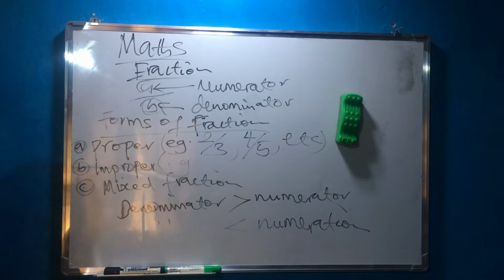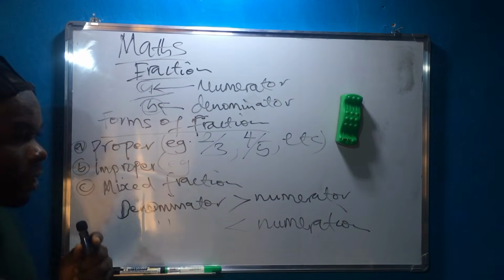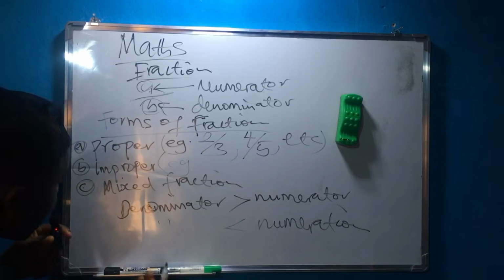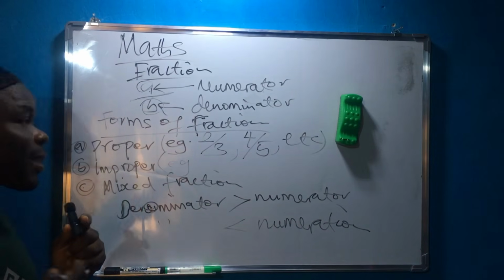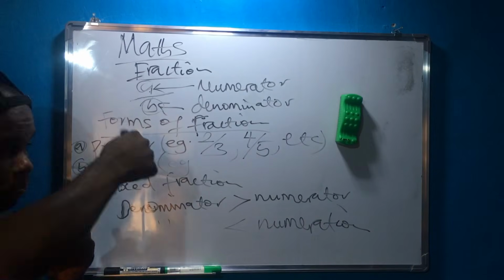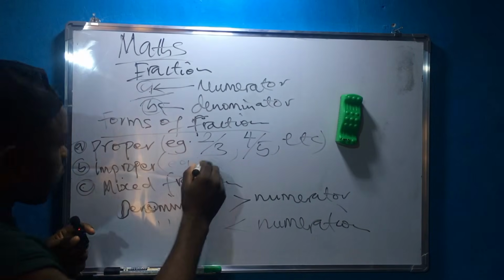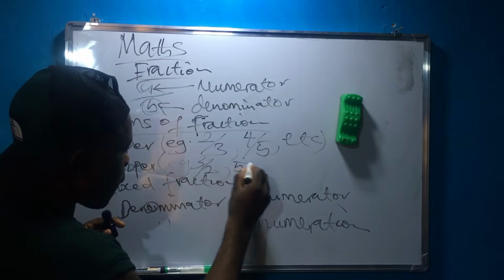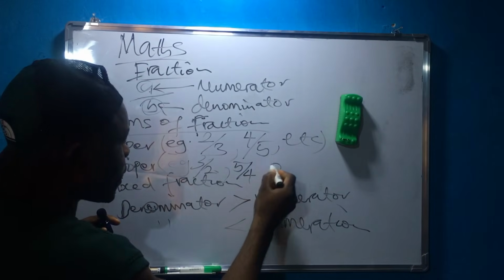Improper fraction. It is like when a child of 5 years is lifting, bearing a man of 20 years on his head, then it is improper. And that's why we say that when this denominator is less than the numerator, this fraction is improper. Example, 3 over 2 is an improper fraction. 5 over 4 is an improper fraction, etc.